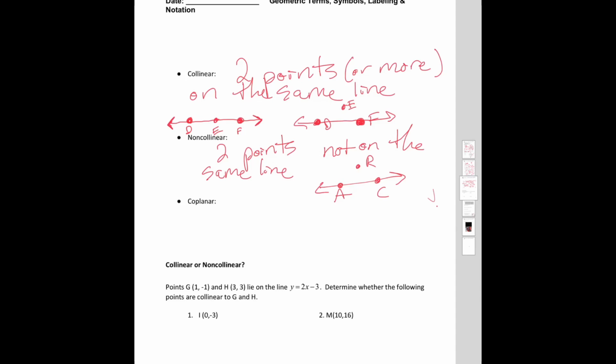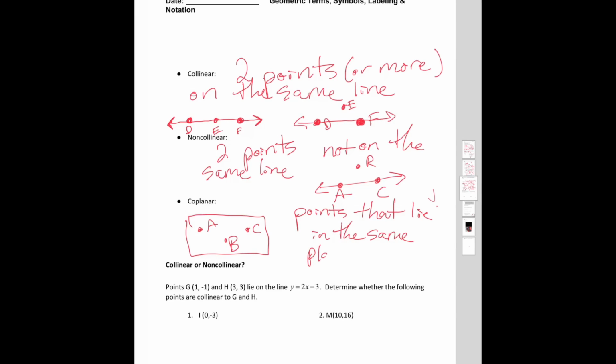Now, coplanar. I'm sure you could apply the definition of collinear to the definition of coplanar. Let's say I have another plane here, and points A, B, and C. These points are coplanar. They're points that lie in the same plane.